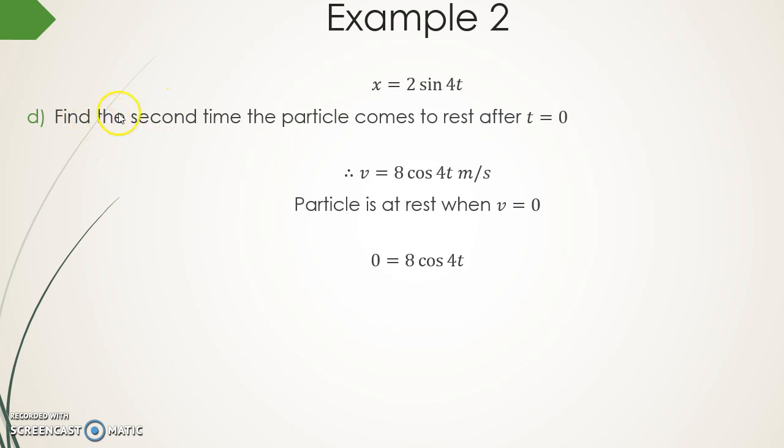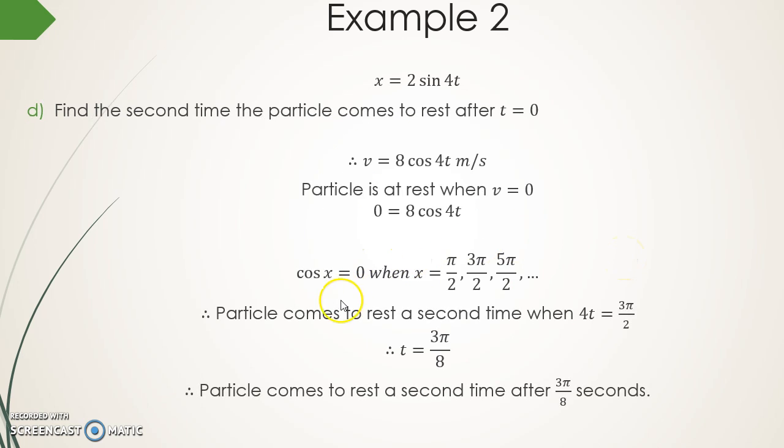Next, find the second time the particle comes to rest. So it starts at rest. The next time it comes to rest, the particle comes to rest when the velocity is 0. So we set this velocity equation equal to 0. If 0 equals 8 cos 4t, when does the cos function equal 0?